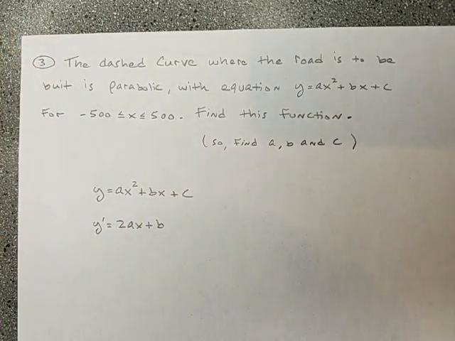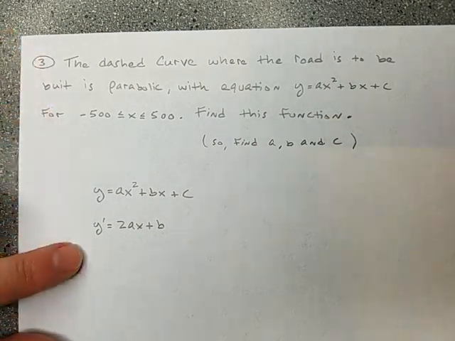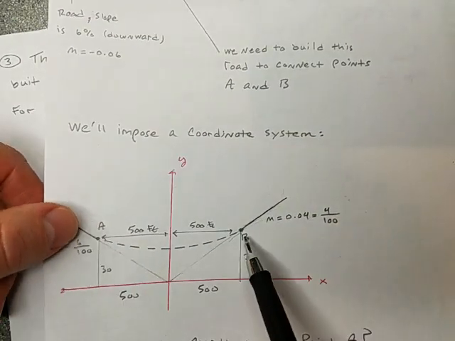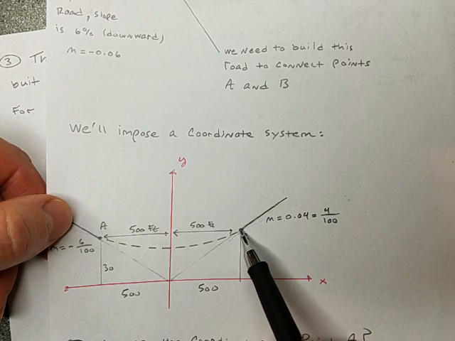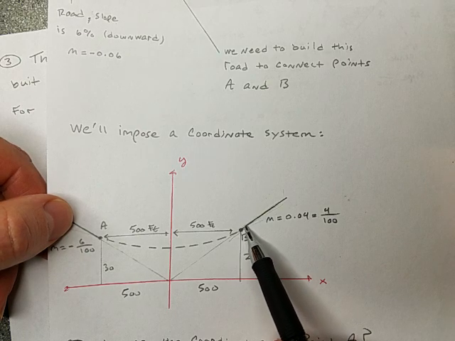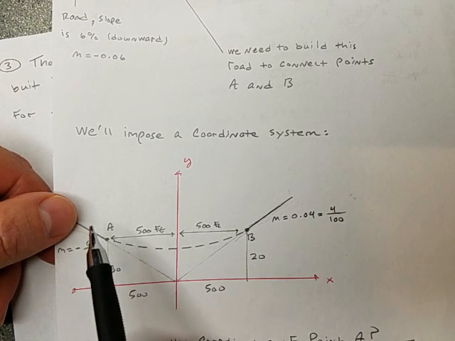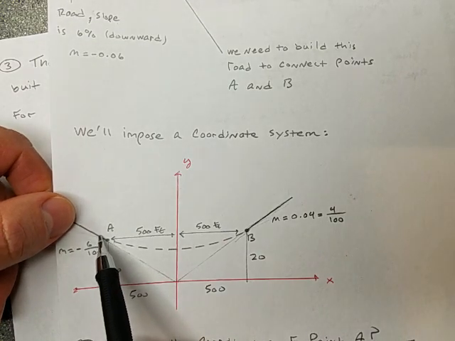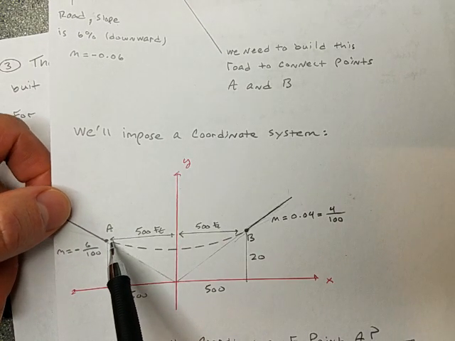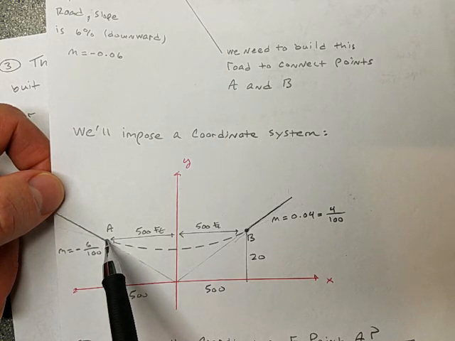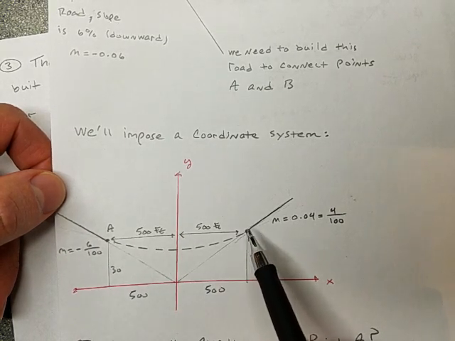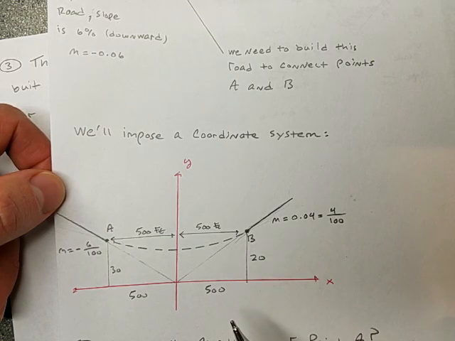Okay, so I'll give you both of those. What's the reason for that? The reason is that at this point, I know how steep the road should be. See point B right there? I know how steep it is right there. And you see point A right there? I know how steep the road is right there. It's got a slope of negative 0.06 at point A and a slope of 0.04 at point B.